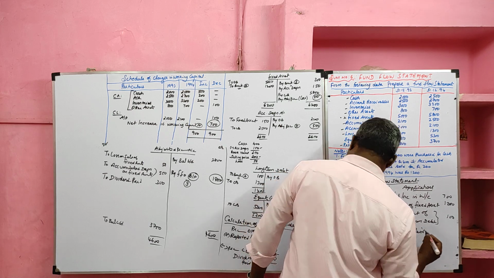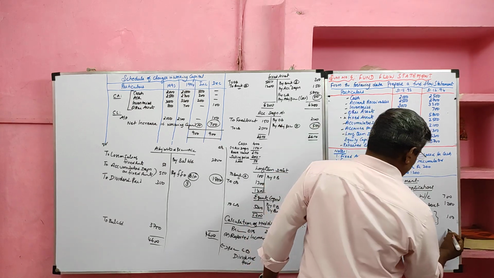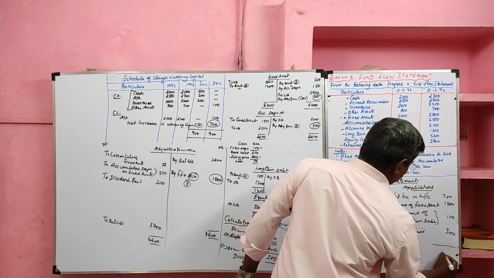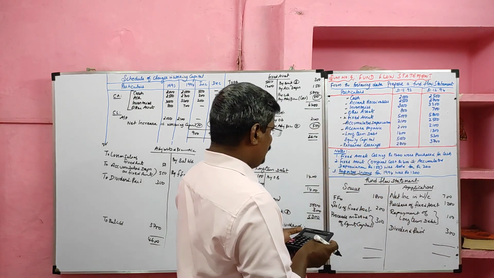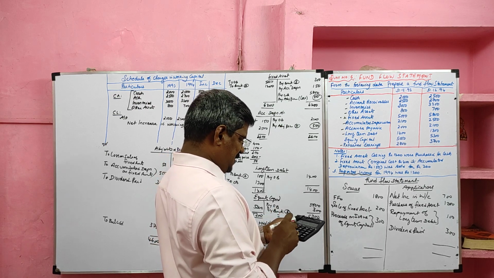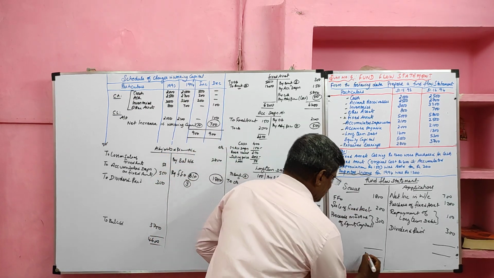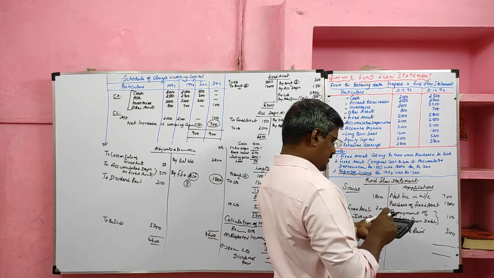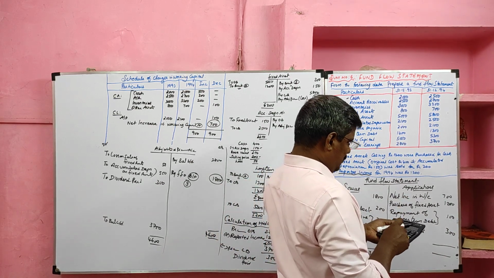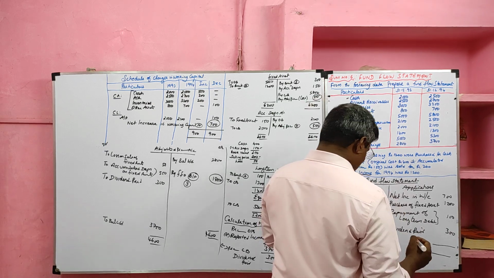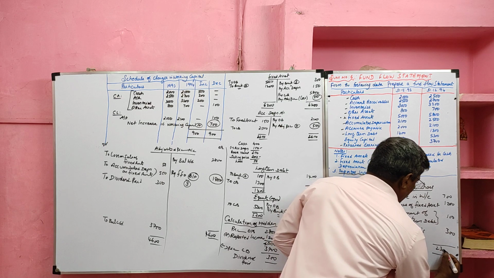Dividend paid, its value rupees 300. So now I am going to balance this. Okay, first I am going to total the sources side. 1800 plus 200 plus 300. So sources side I got 2300, and application side 700 plus 1200 plus 100 plus 300. So application side also we got 2300.